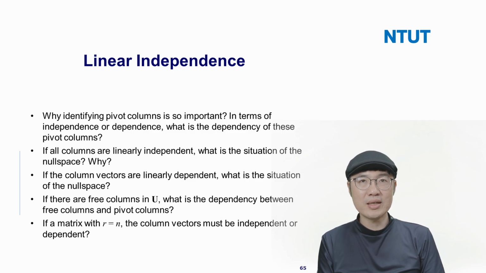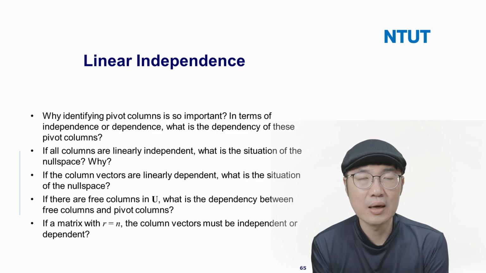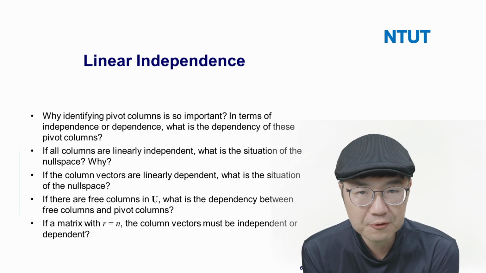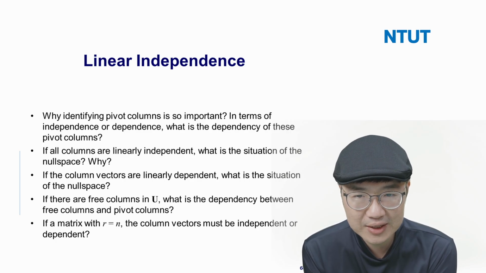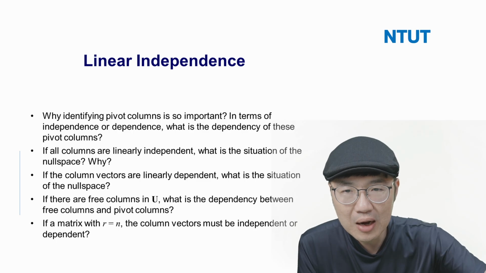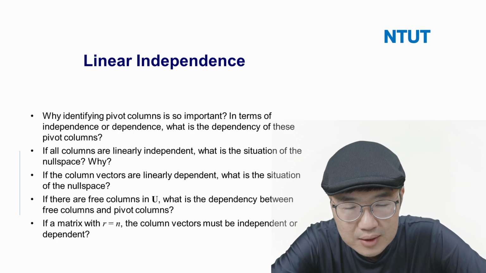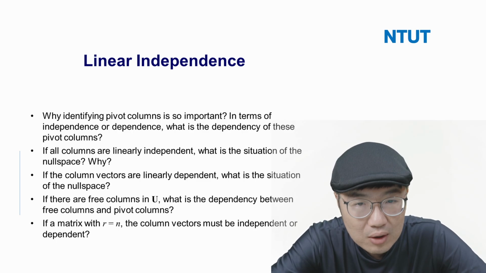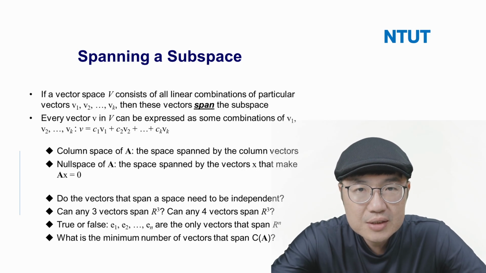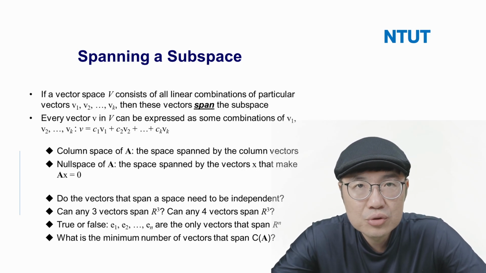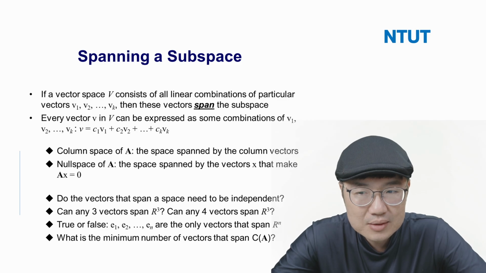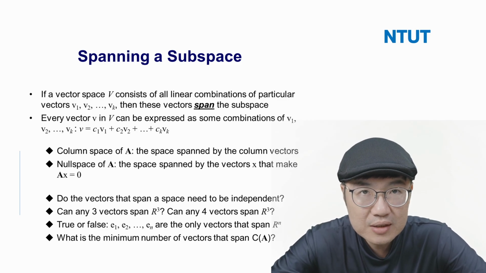This is the way that we find the free variables and the null space vector. So when r equals n, the column vectors are independent. This is the first term we need to define in this section, or even the whole short course: basis.